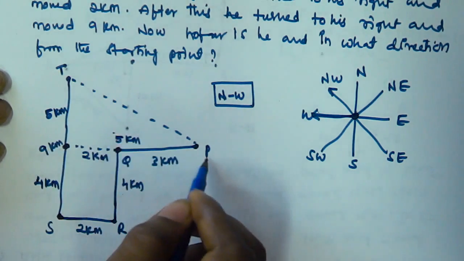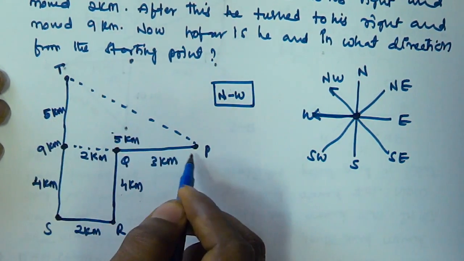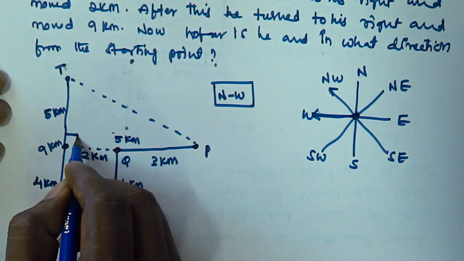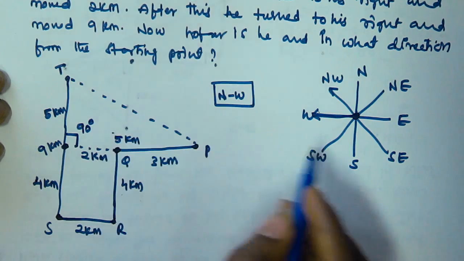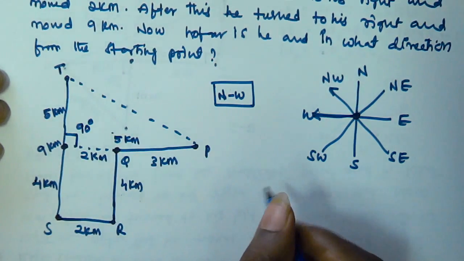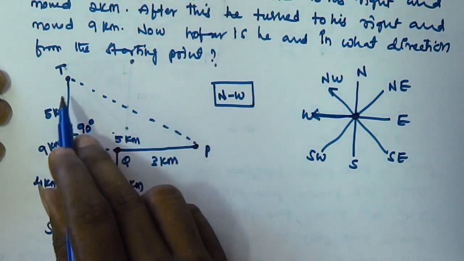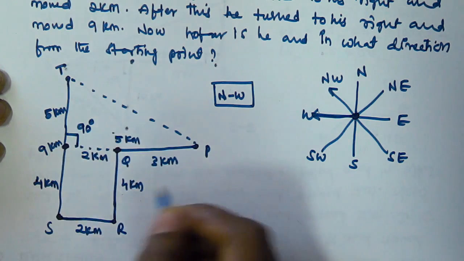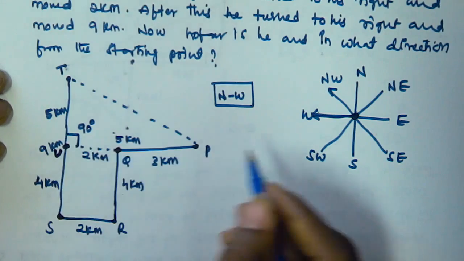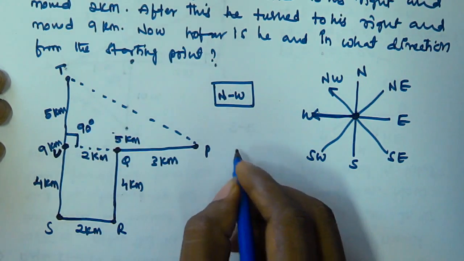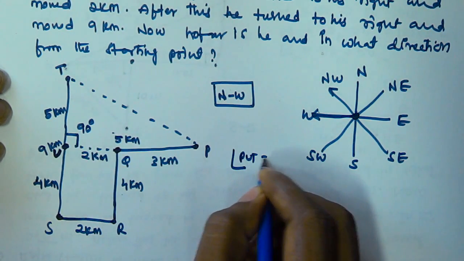So now we have to find the distance TP. Here it is a right angle triangle, making 90 degrees. So TP is the diagonal. Here you take a point U. At U it is making 90 degrees. So angle PUT is equal to 90 degrees.